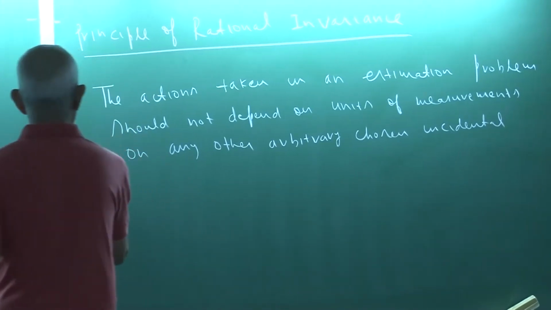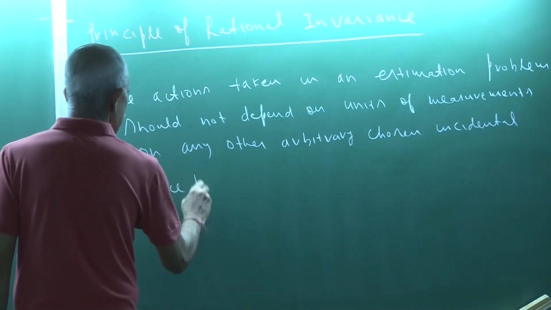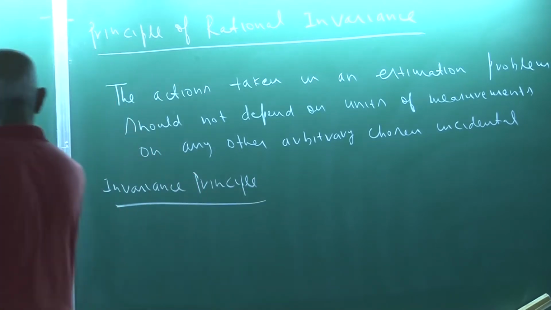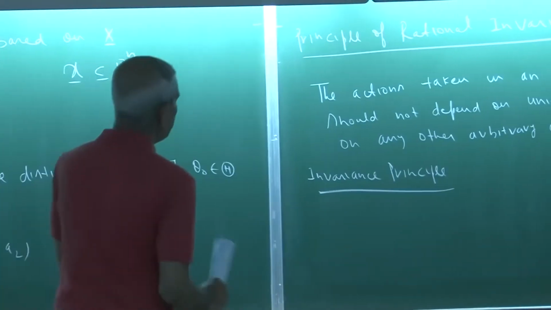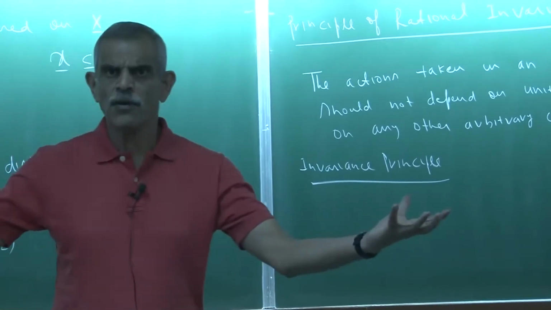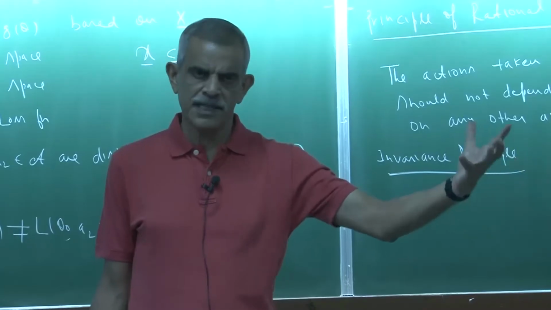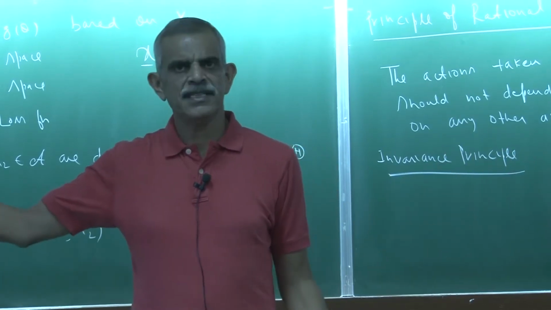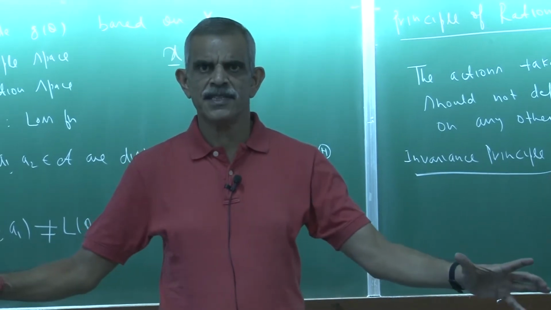Now, what does the principle of rational invariance say? It says that if you have two problems, somebody is measuring an observation, let us say height, in inches and somebody is measuring height in centimeters. So, that is the only difference which is there.